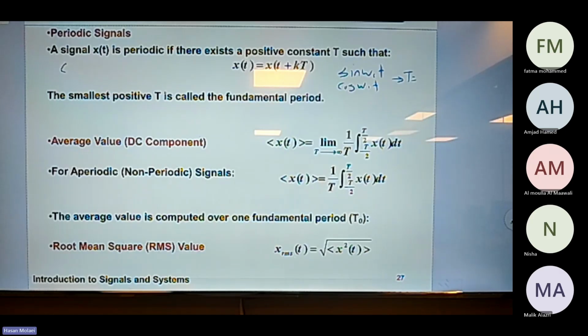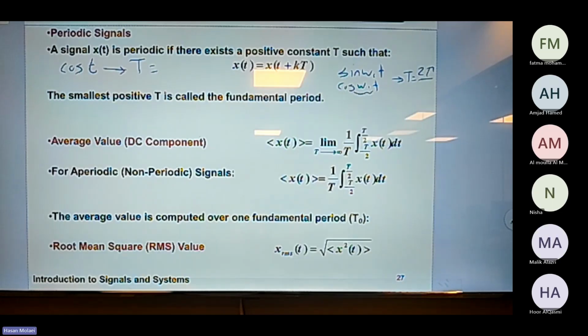If I give you cosine t, and ask you how much its period is, what would you say? 2 pi over the coefficient of t, omega 0.